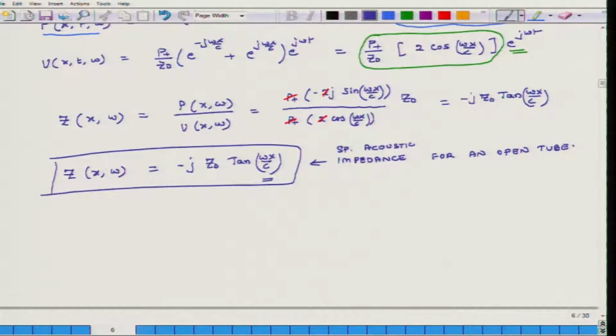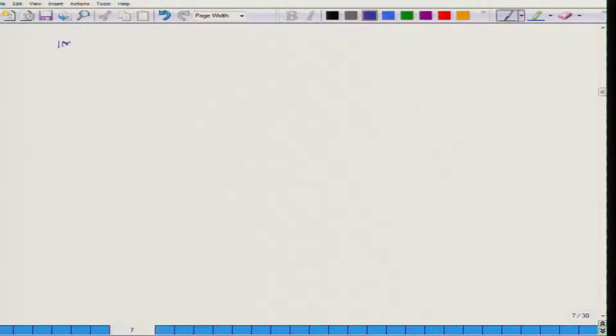The third part we will discuss today is impedance for an infinitely long tube. Okay.